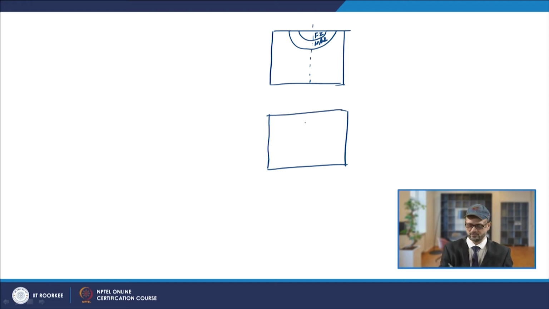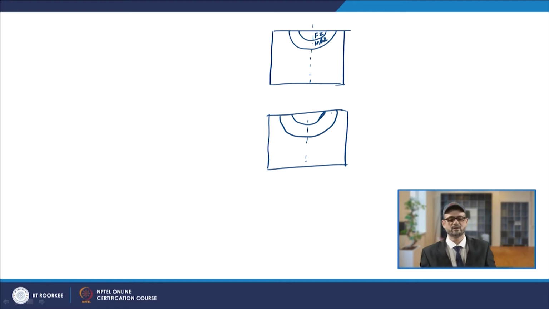The fusion zone became somewhat wider, and similarly the HAZ also became somewhat wider when we did the preheating.